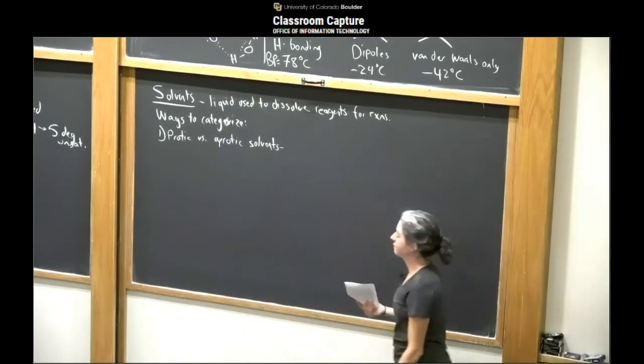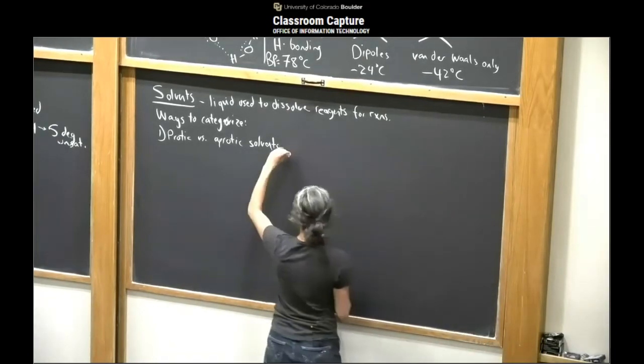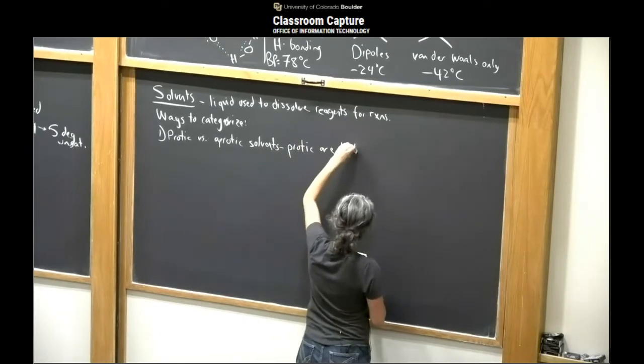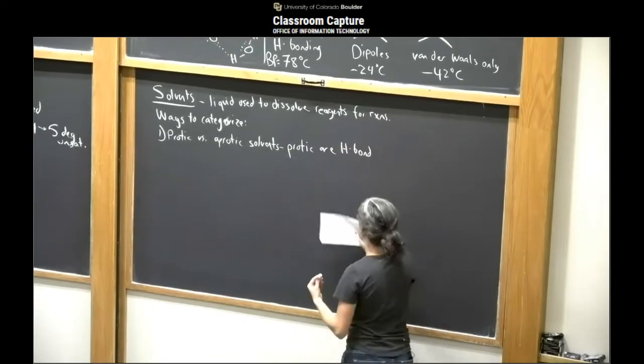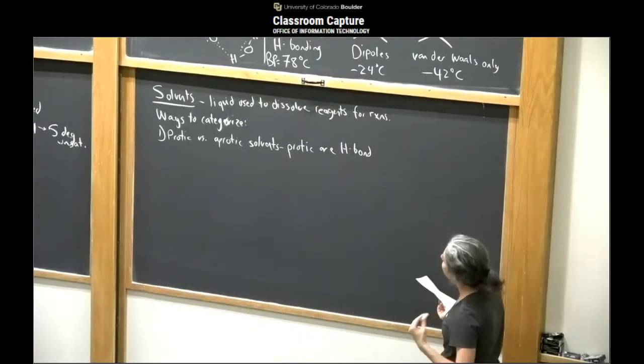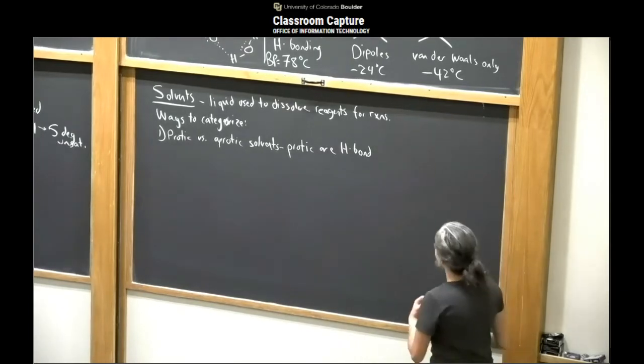This is just another way of describing, is it an H bond donor or not? And if you look at the name, protic means it's got protons that can come off pretty easily, which we know is a factor in H bonding.